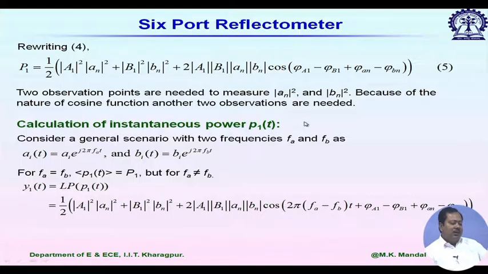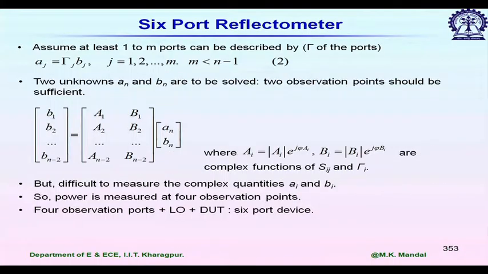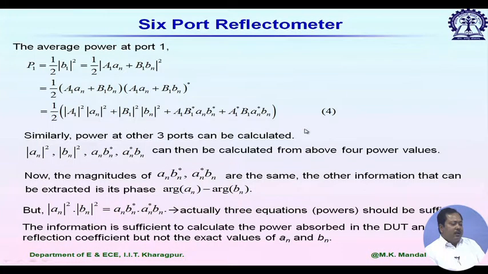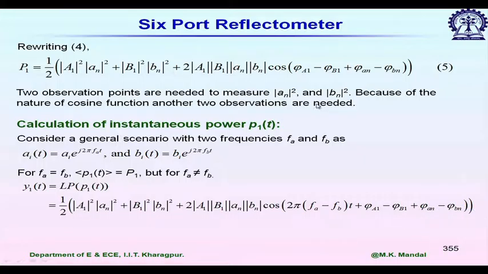Now, let us say we are going to use this 6-port receiver, 6-port reflectometer as a communication receiver. So, in that case, what will we be doing? If I go back, this reflector port or device under test port will be replaced by the RF input port. Obviously, the RF input may have a different frequency than the local oscillator frequency. So, let us consider a general scenario.